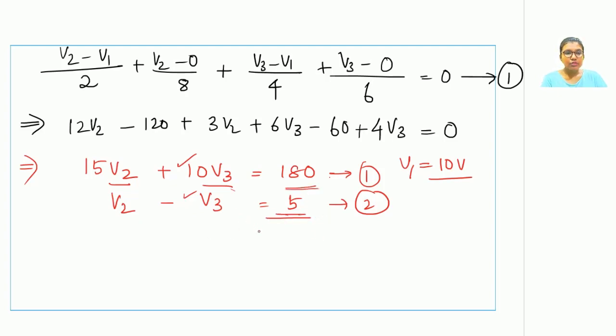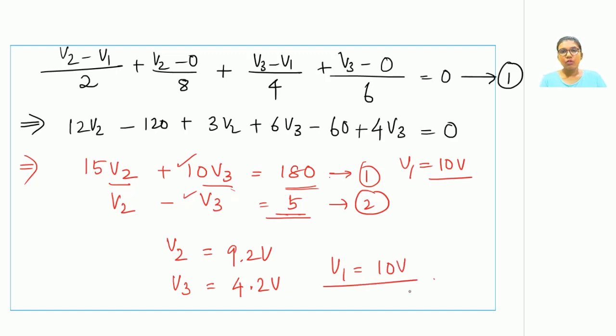So solving these two sets of simultaneous equations, one can obtain V2 as 9.2 volts and V3 as 4.2 volts. And V1 is already known as 10 volts. So this is how one can solve for V1, V2, V3 using nodal analysis in presence of a voltage source which is present in between two non-reference nodes.